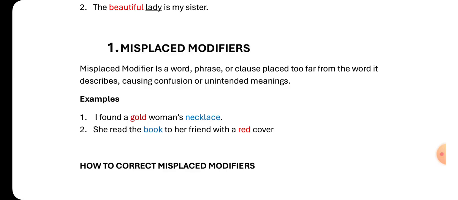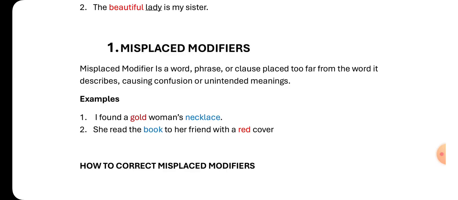Another example is, she read the book to her friend with a red cover. Here the modifier has been misplaced. It has been placed very far from the word that it intends to modify.